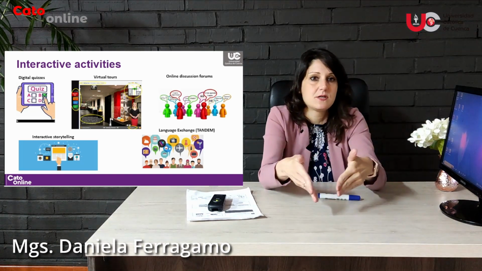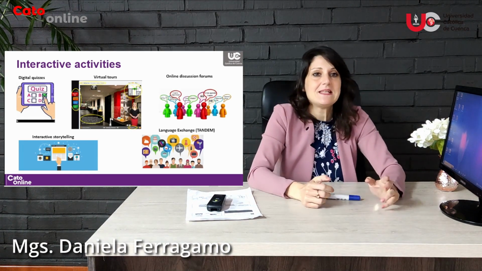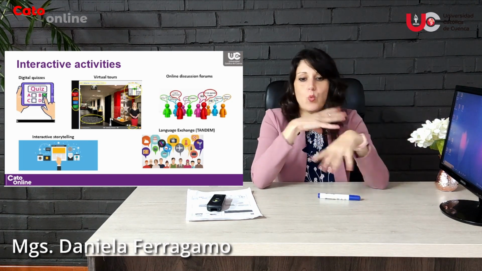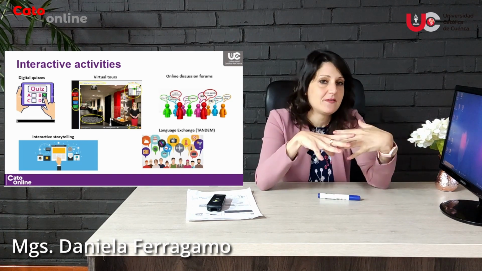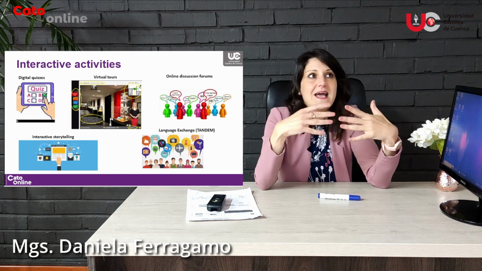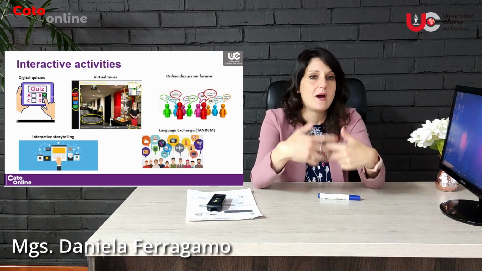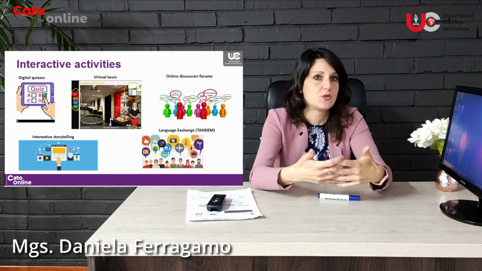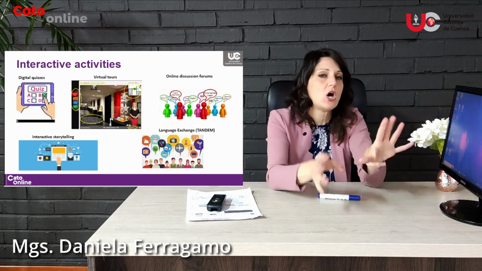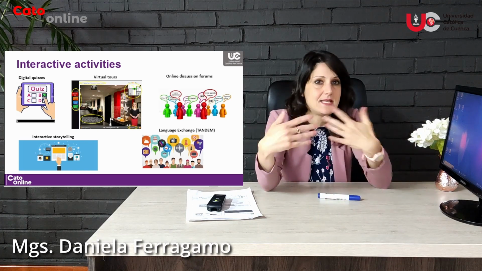So they have to consider the different verbs or words or situations the other students have developed, and also their thinking skills, because they have to think, they have to use their previous knowledge, they have to use the vocabulary and the grammar they have already learned in order to continue. And then we can ask them to read all together and to focus on some maybe mistakes they made.